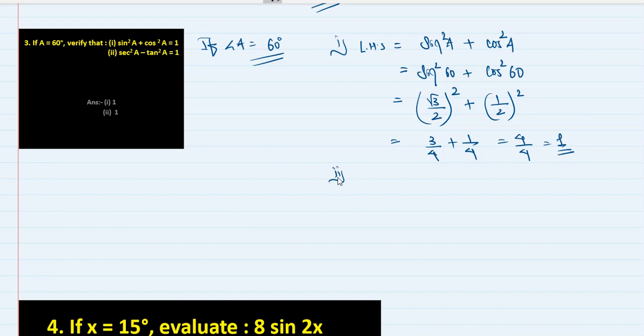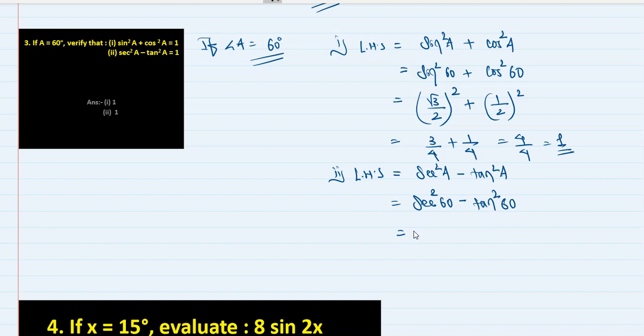Number 2. LHS. We have to prove that sec square A minus tan square A is 1. Sec square A minus tan square A. So sec square 60 minus tan square 60.